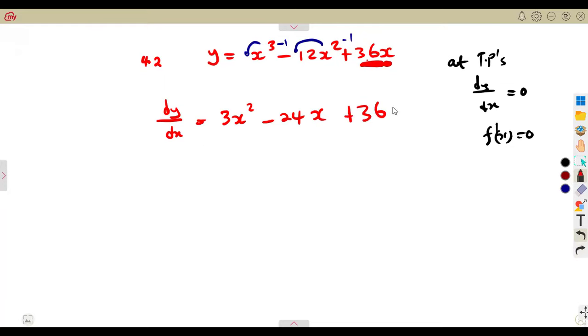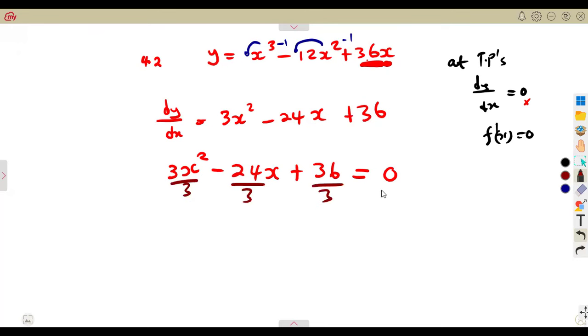This is our derivative of y with respect to x, which is supposed to give us what? A 0. So that's an equation. 3x squared minus 24x plus 36 must be equal to 0. So we can solve this equation. We can even reduce this equation. As you can see, 3 is common here, so you can divide by 3.